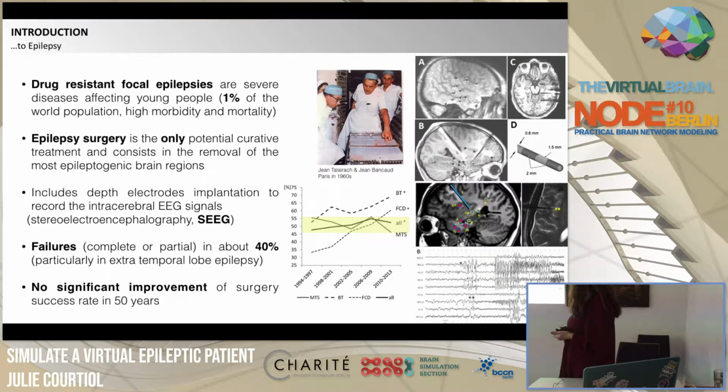So the goal of the surgery is to find out where the epileptogenic zone is, so where the seizures start in the brain. And this is the target of the surgery.